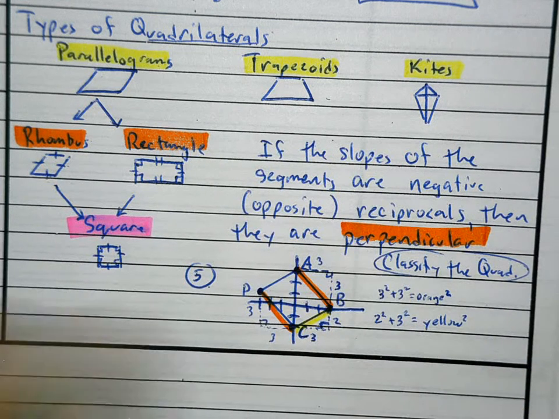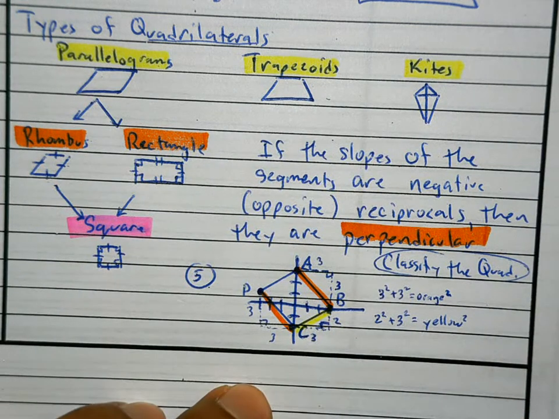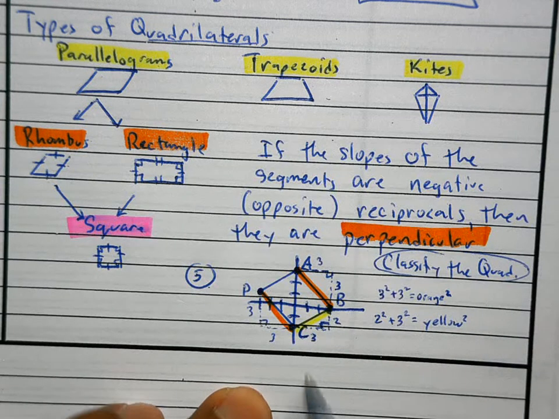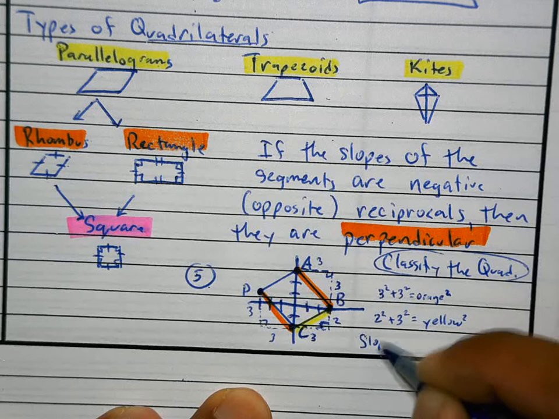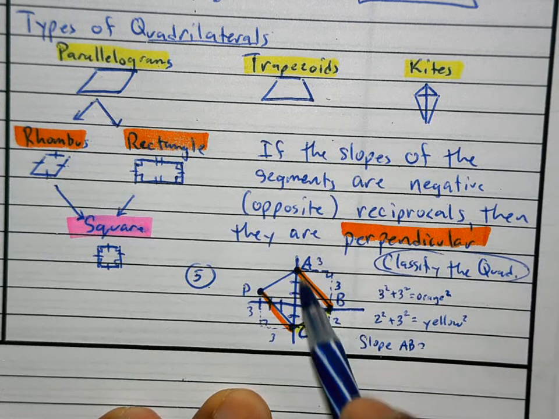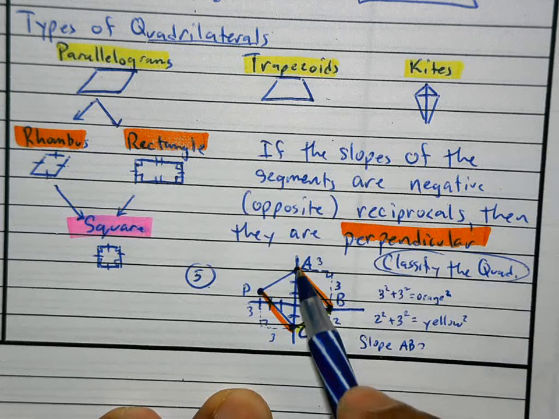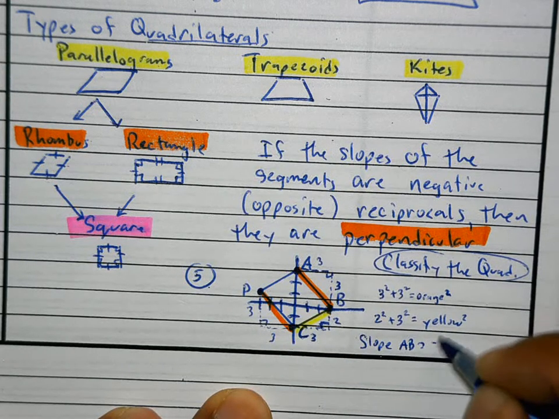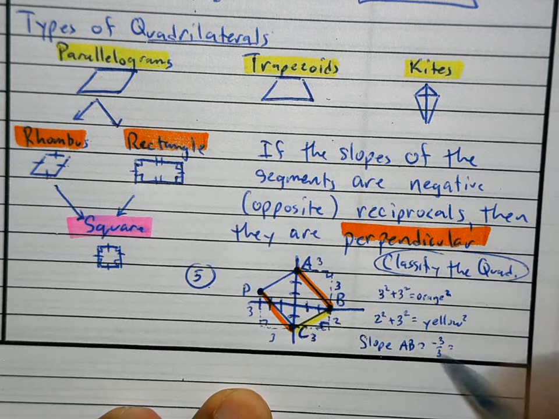I need to check their slopes. So here's what I'm going to check. What's the rise over the run of this AB? I'm going to find the slope of AB. Instead of rising, it goes down 3 over 3. Negative 3 over 3. What's the slope of this when I simplify it?